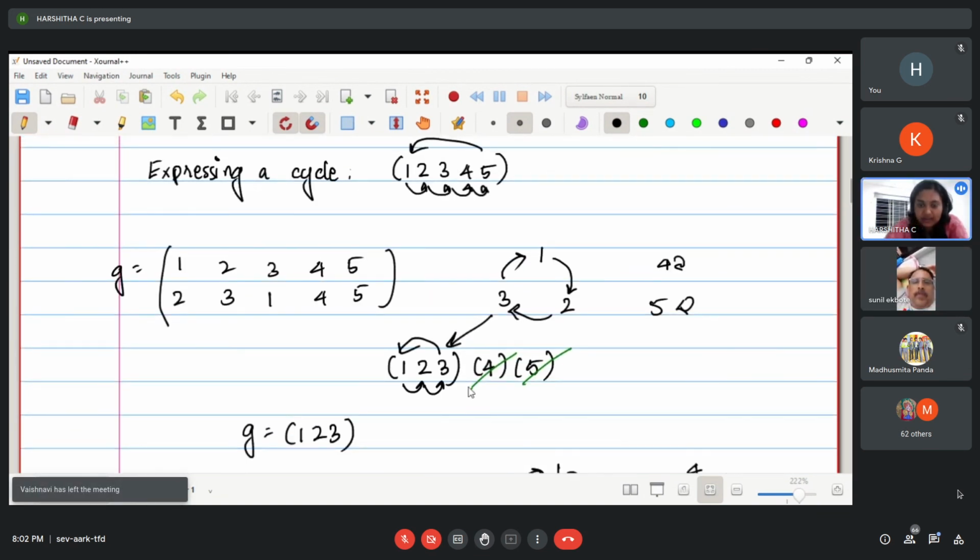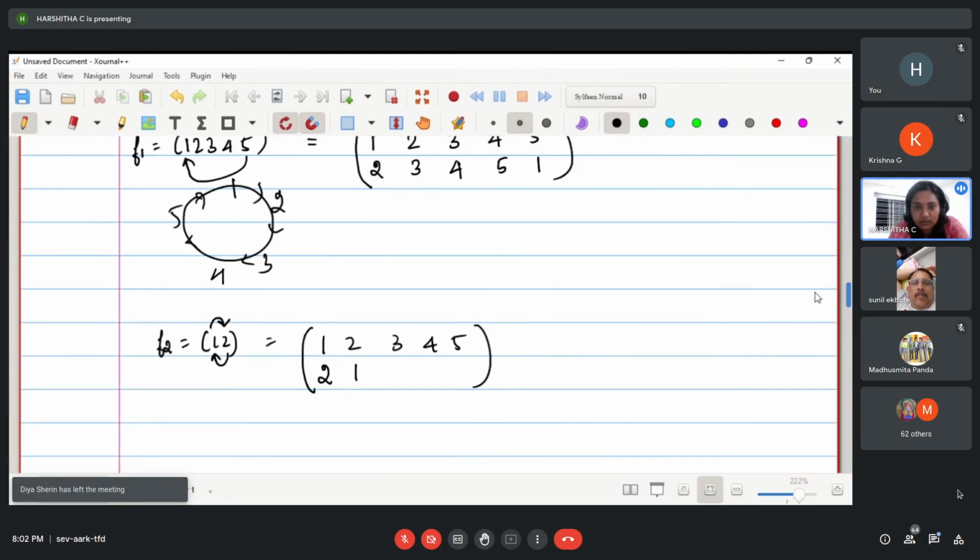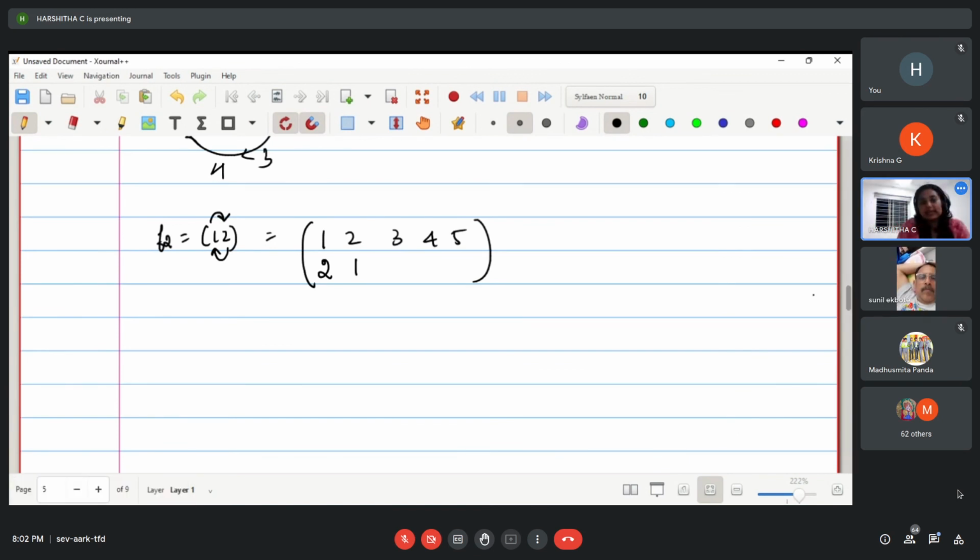Yeah, if you look at this, what we said is if there is a cycle of length 1, we can just ignore it. We don't write it in the notation. So what it means is there is no 3 appearing here, which means 3 is coming as a cycle of length 1, which means in terms of function 3 is going to 3, 4 is going to 4, 5 is going to 5.